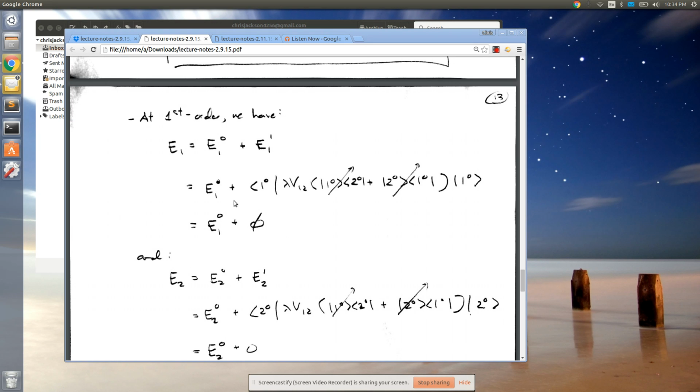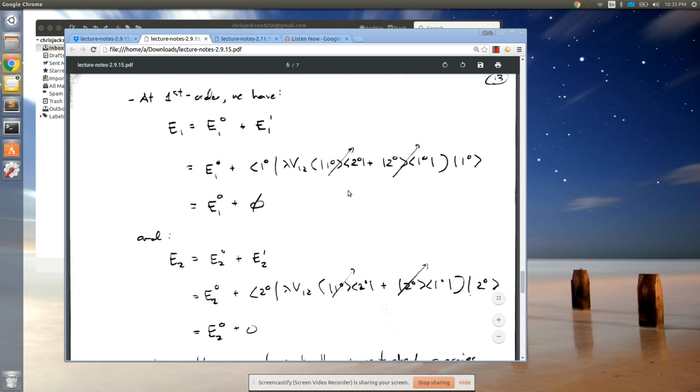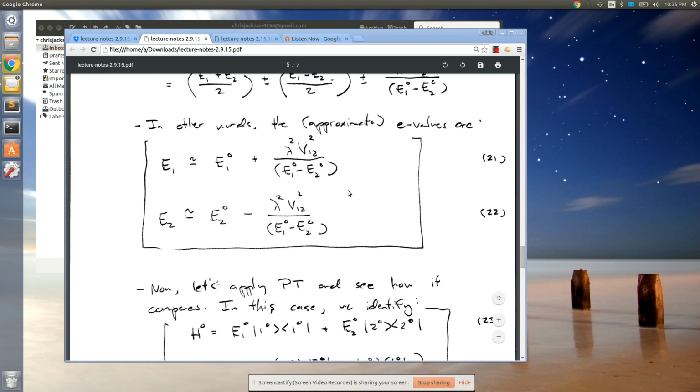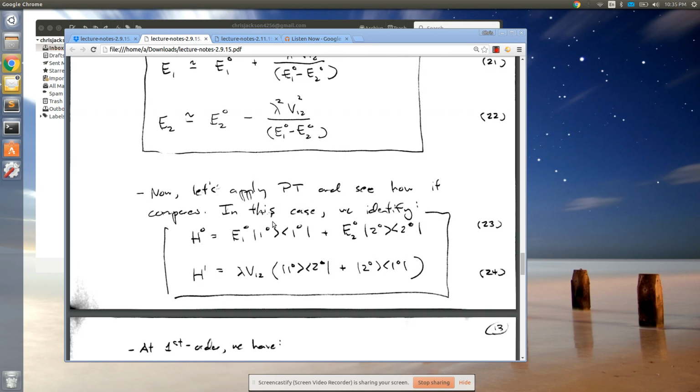To first order, we found that these non-diagonal terms vanish when you sandwich them between identical terms, so the diagonal corrections are zero. We could have guessed that when we got back here, that we should have known we would have to start at order lambda squared anyway.